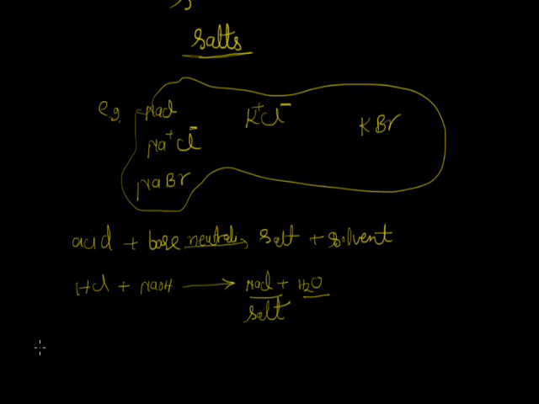So we can say that salts are obtained by the reaction of acid and base, and the reaction between acid and base is always exothermic. Or indirectly we can say that a neutralization reaction is always exothermic, and an exothermic reaction means that heat is released.